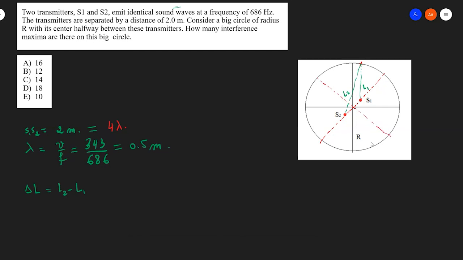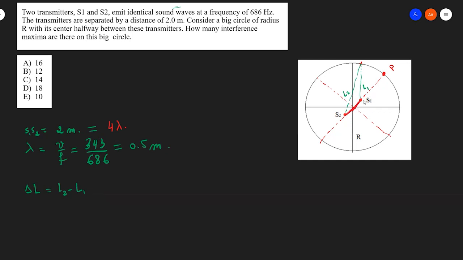We have another axis perpendicular here. So here, when I am at this point, the distance between S2 to the point P minus S1 to the point P will be this distance. I hope that everyone agrees with that.